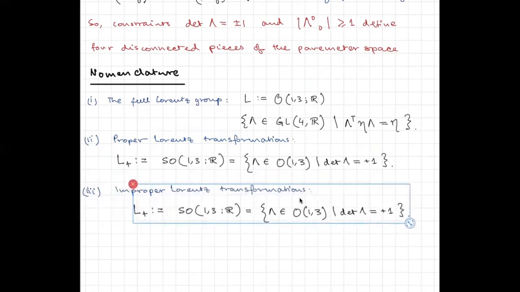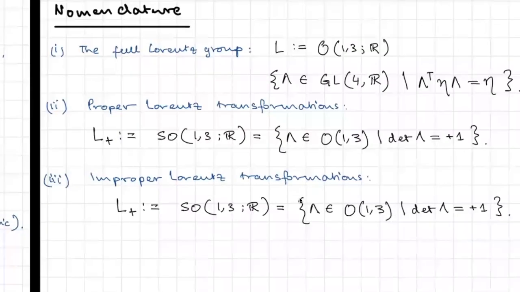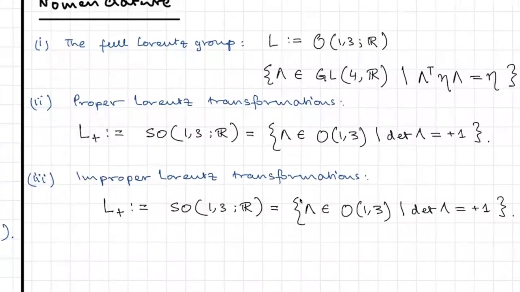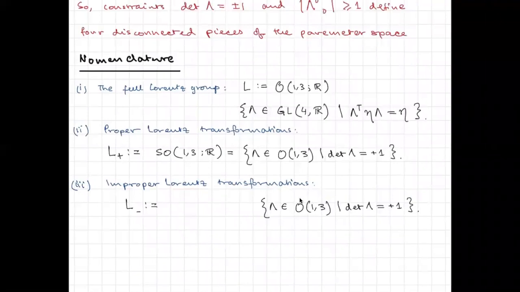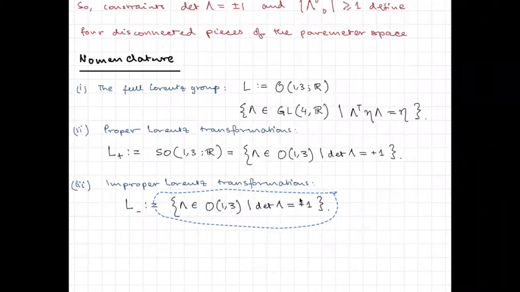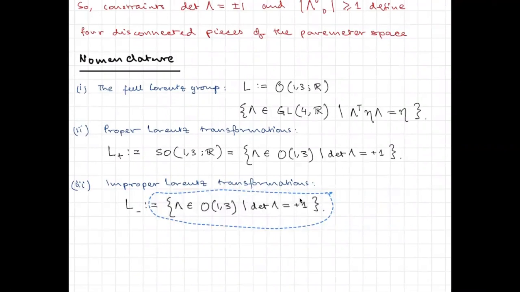We're going to call this L minus, and there's no SO stuff here, so this goes away. And the determinant now is going to be given with a minus sign, so that is -1. Okay, so that's the improper.